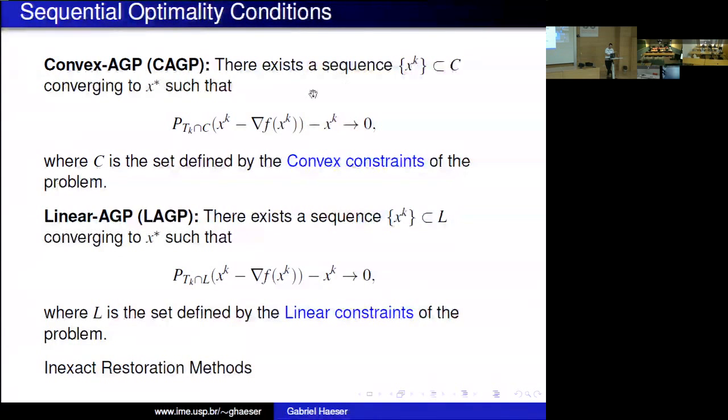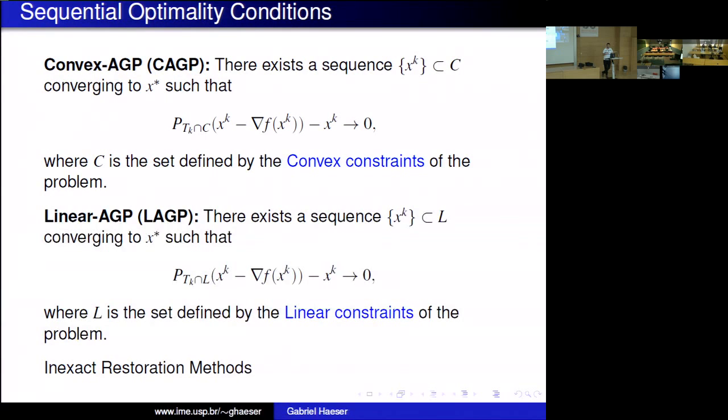So assume that you have an algorithm that generates a sequence xk that always belongs to some convex set C. For example, the external penalty method, we can define it in such a way that we separate some constraints, this omega bar, and the iterates will always be feasible for this set omega bar.